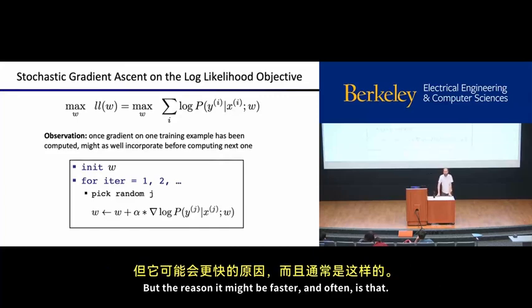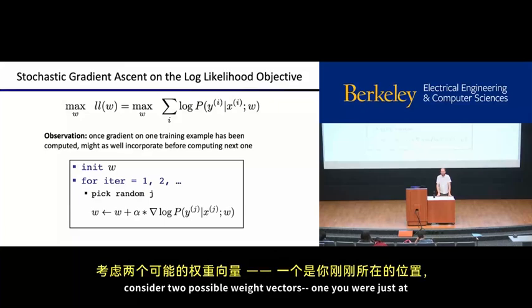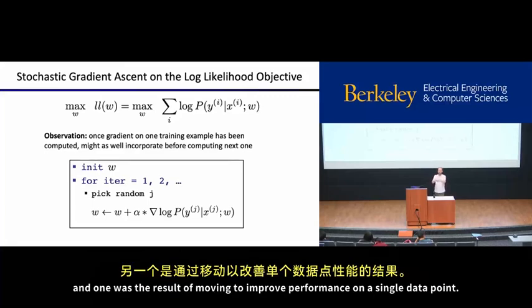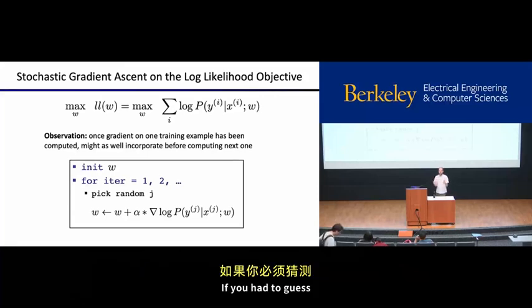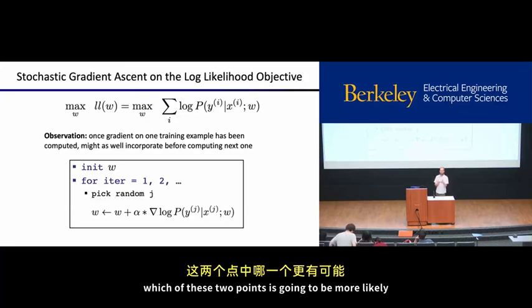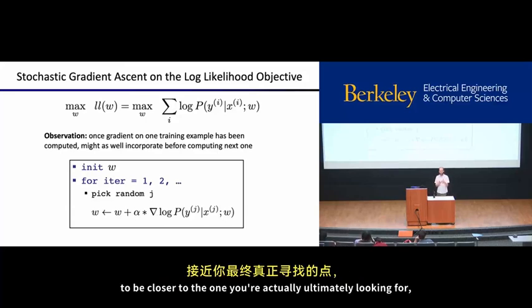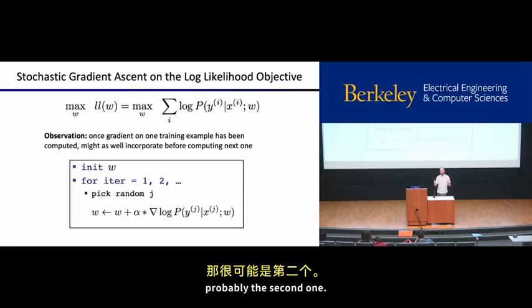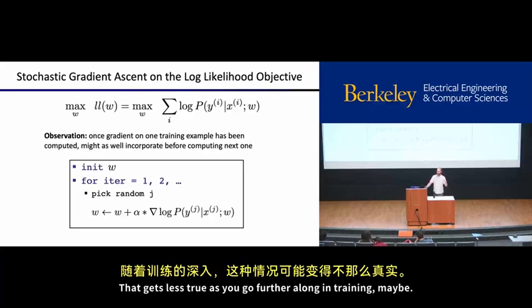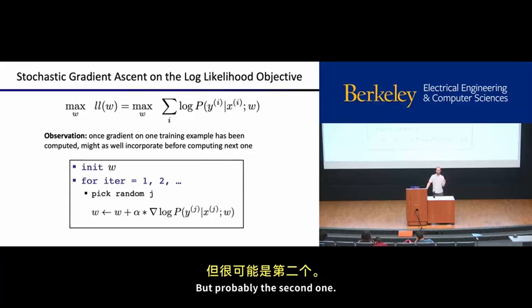But the reason it might be faster, and often is, is that if you consider two possible weight vectors, one you were just at, and one that was the result of moving to improve performance on a single data point, and you had to guess which of these two points is going to be more likely to be closer to the one you're actually ultimately looking for, probably the second one. That gets less true as you go further along in training, maybe, but probably the second one.